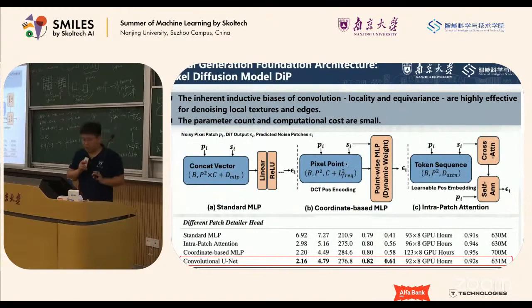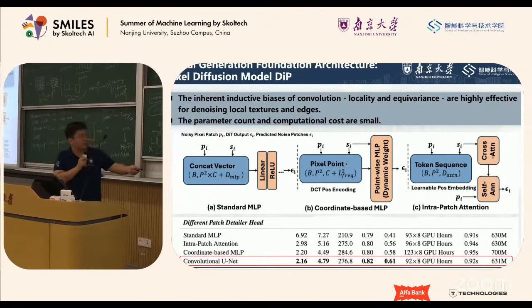And we compare several candidate detail heads. The patch detail head can be designed in different structures, in different architectures. So we compare different designs here, including the MLPs, the attention, and the convolutional structure.